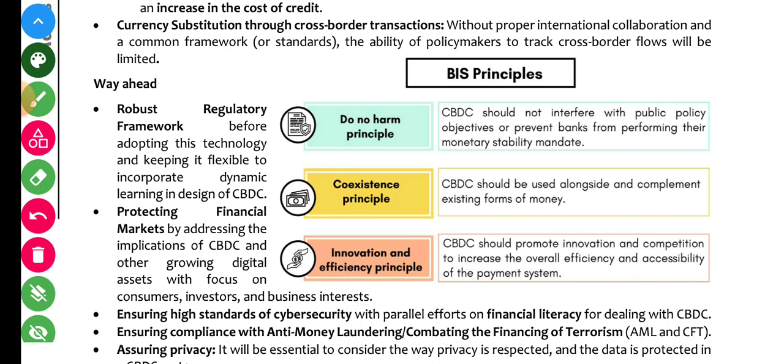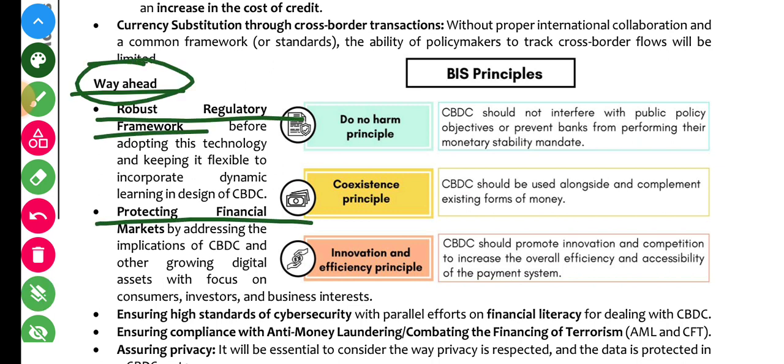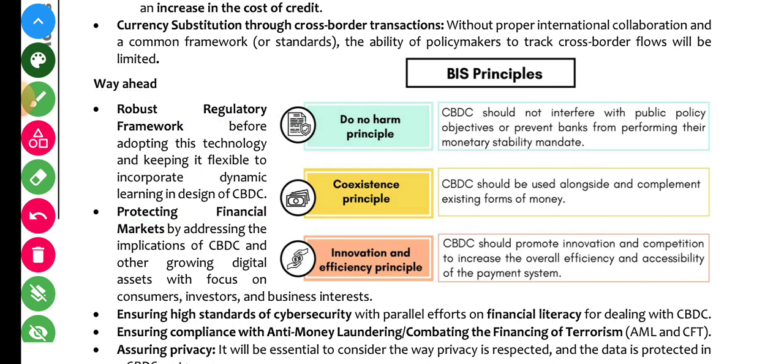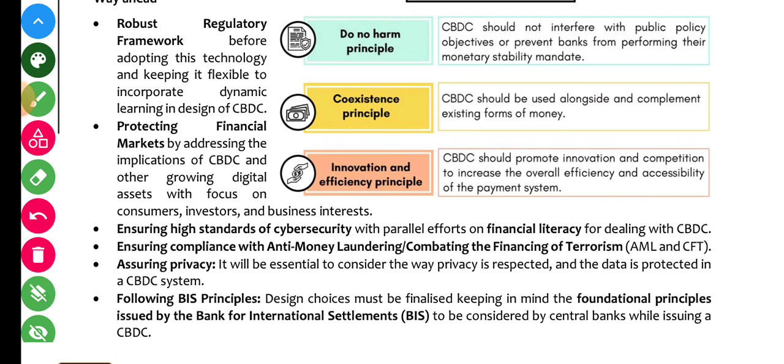Next is the way forward: a robust regulatory framework protecting the financial market, and ensuring a high standard of cyber security with parallel efforts on financial literacy for dealing with CBDC.